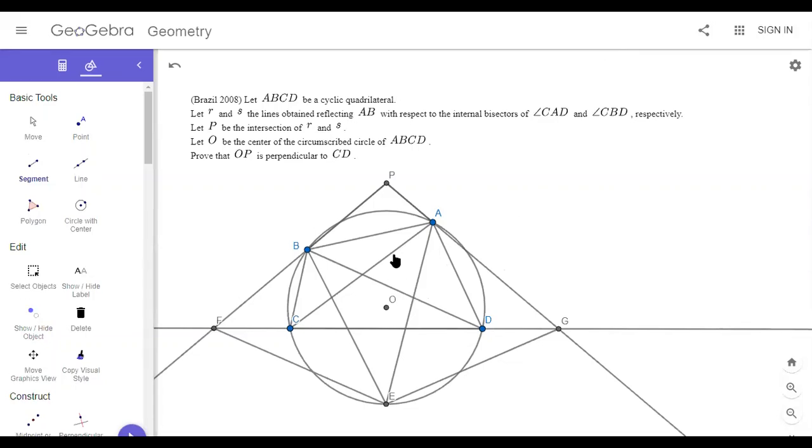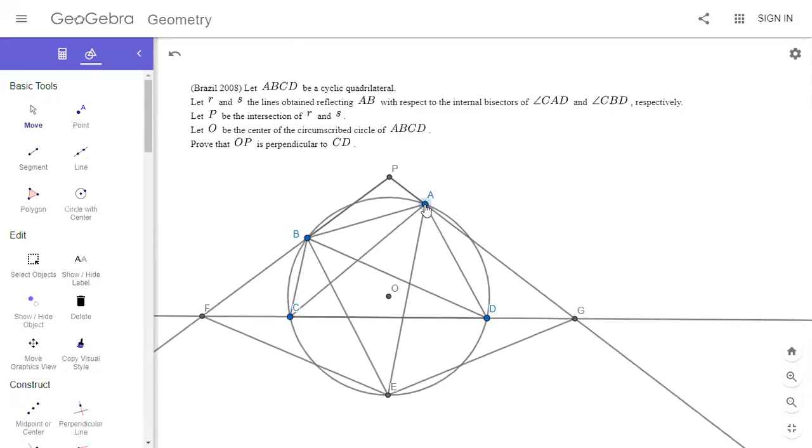Okay, so ABC is a triangle with circumcenter O. And E is like the midpoint of arc AC. Yeah, let me move around the diagram a little bit.